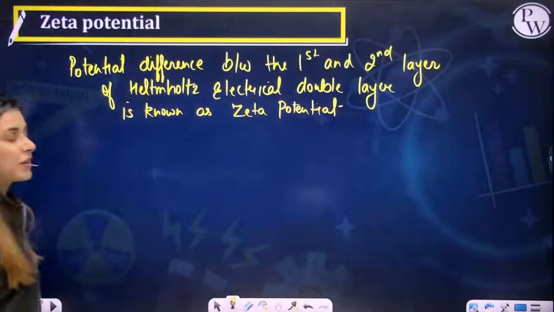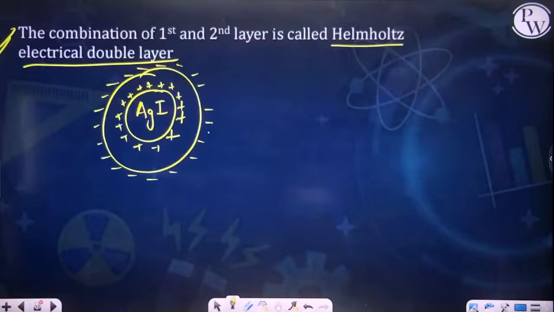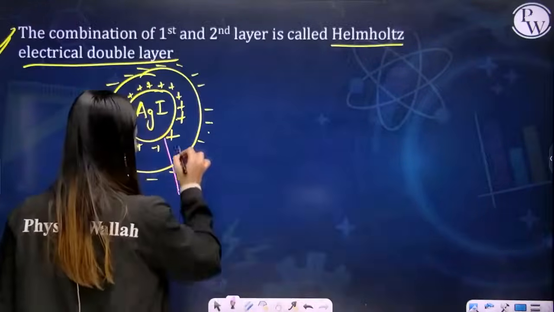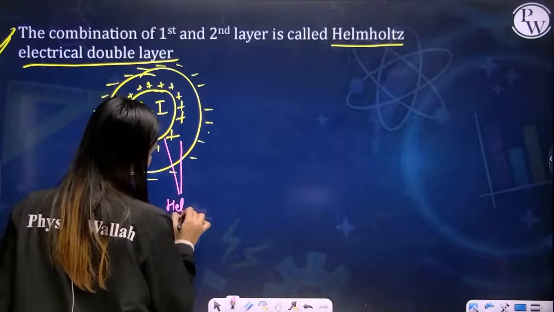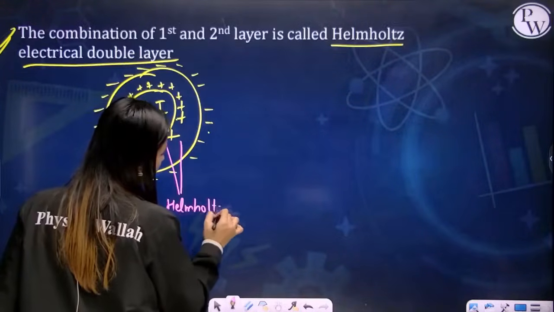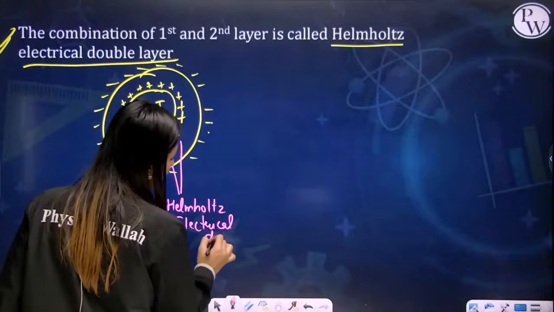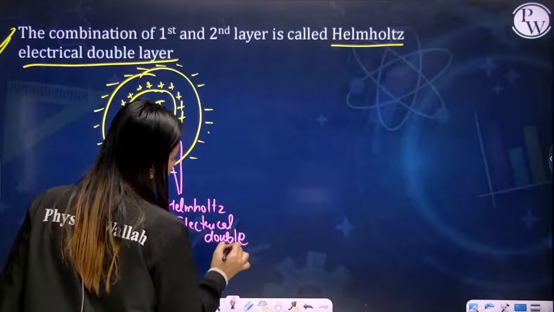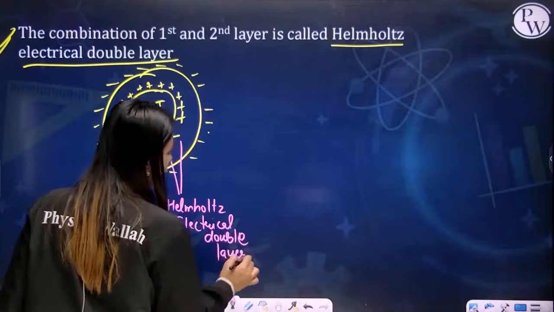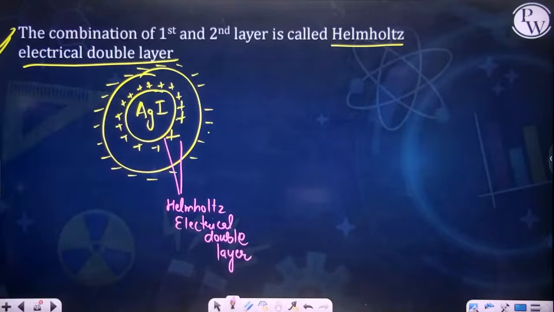Please write it down. These are the few things that we need to remember. You can write it like this: Helmholtz electrical double layer. Please write it down and then we'll move forward.